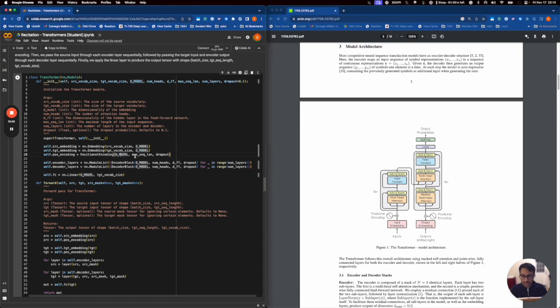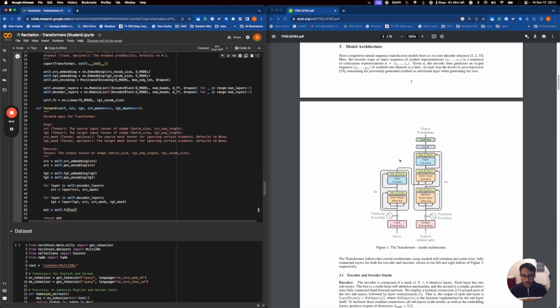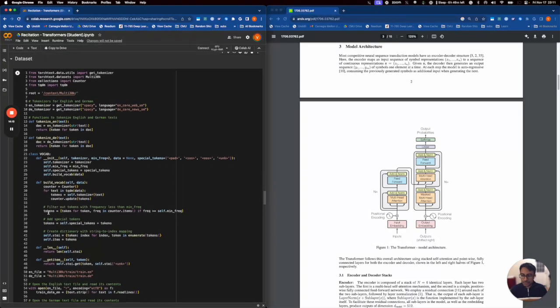The positional encoding is also d model. You can have a max sequence length, and you're going to have dropout. For the encoder layers, you initialize this for a certain number of layers, and then a decoder layer for a certain number of layers, and then you finally have your final classification, fully connected layer, that's going to make the output probabilities. We don't have a softmax here because cross-entropy loss takes care of that for us in PyTorch, as you might know from the homework.